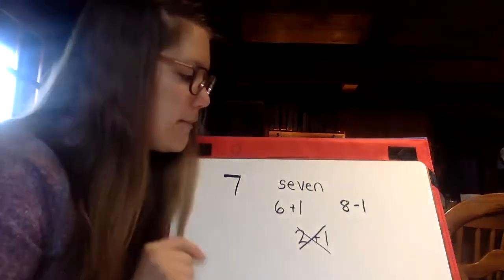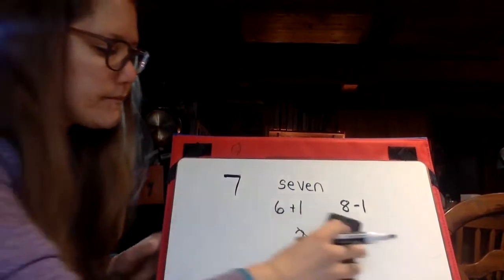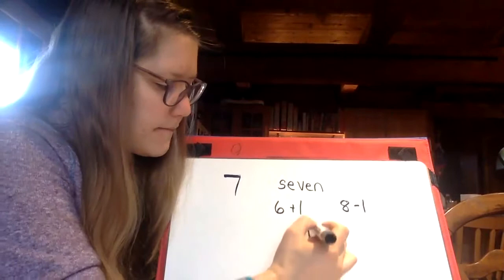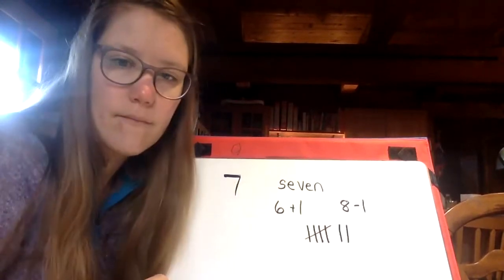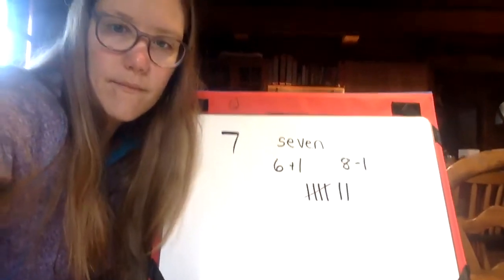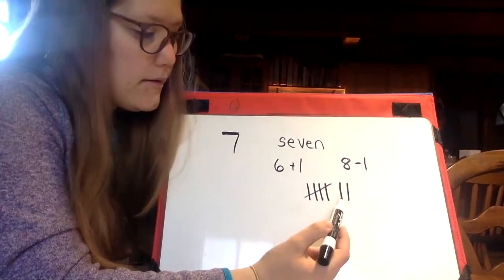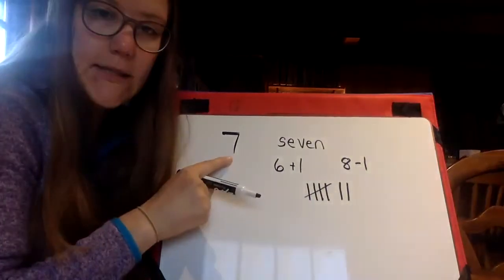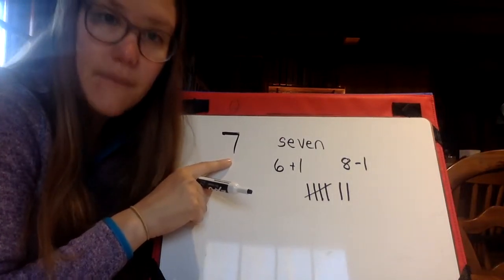Okay? Let's keep going. What if I did, I'm going to erase the 2 plus 1. What if I did this? Let's count these tallies. 5, 6, 7. Is that the same as this? Does it mean the same thing? Yeah.